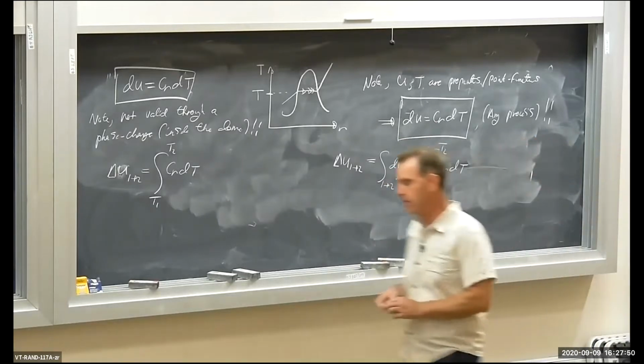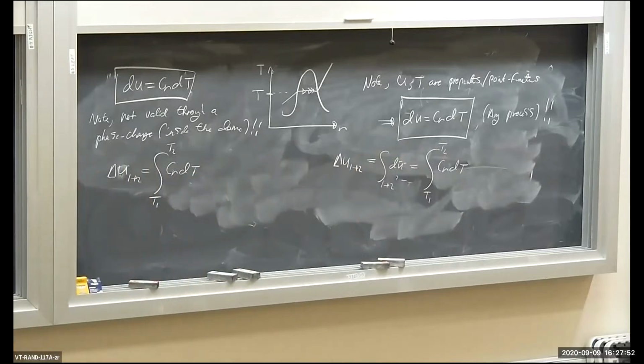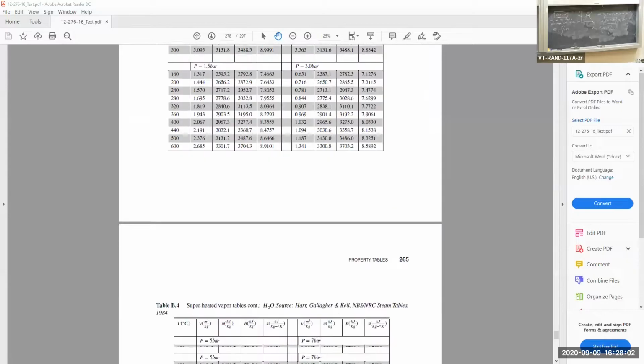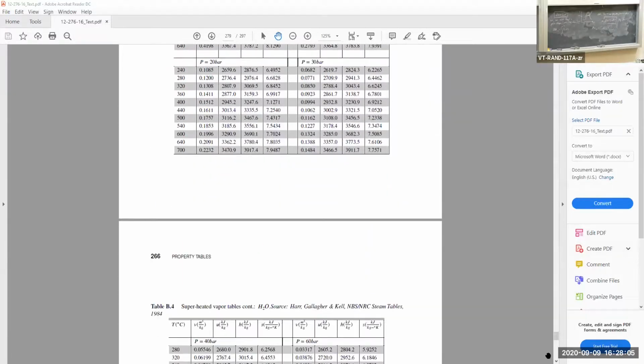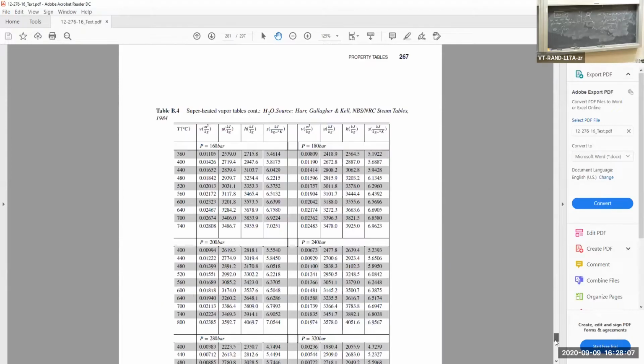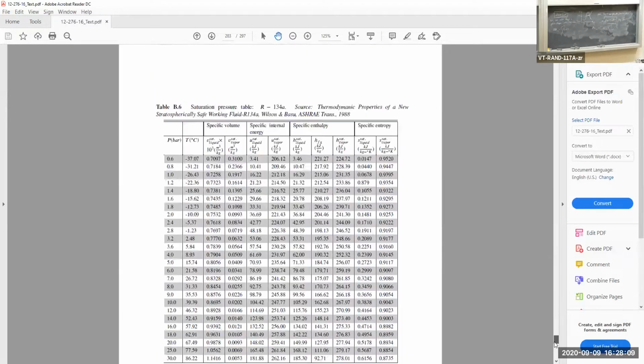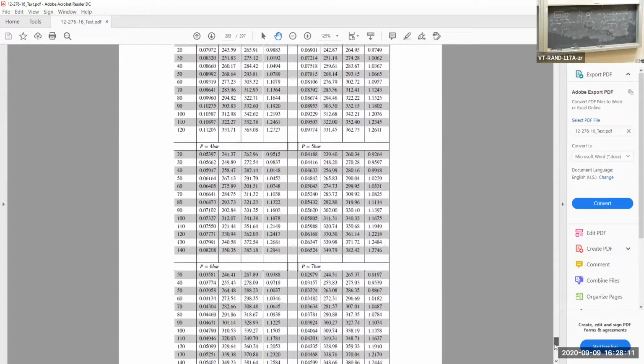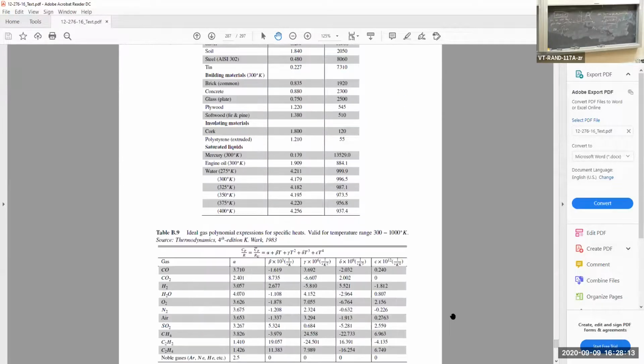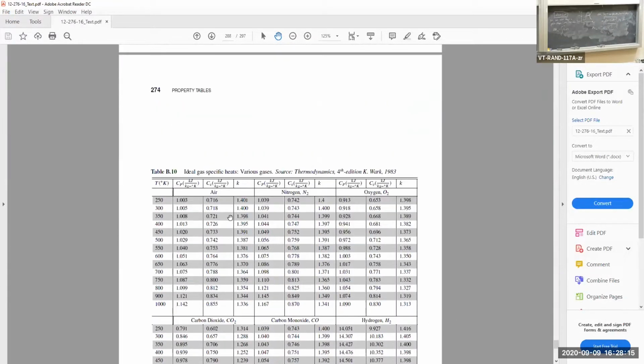Remember, we have these ideal gas tables. Let's assume we're working with an ideal gas. Let's go find specific heat as a function of temperature. Okay, specific heats CV and CP are functions of temperature.